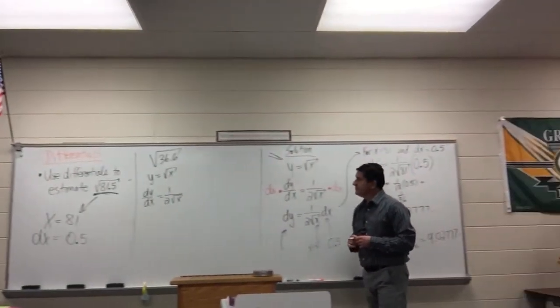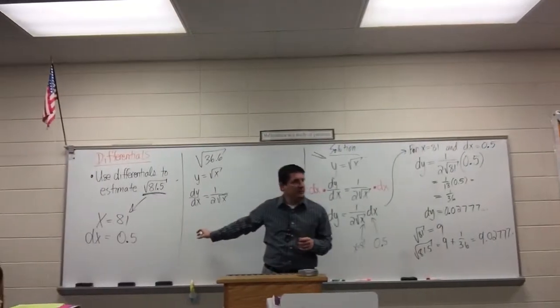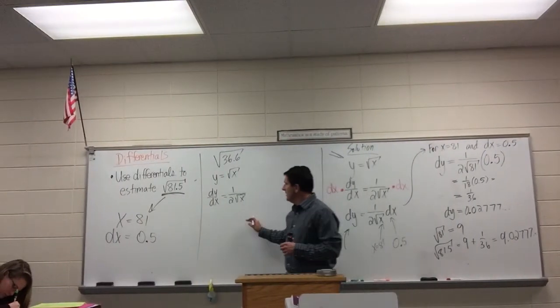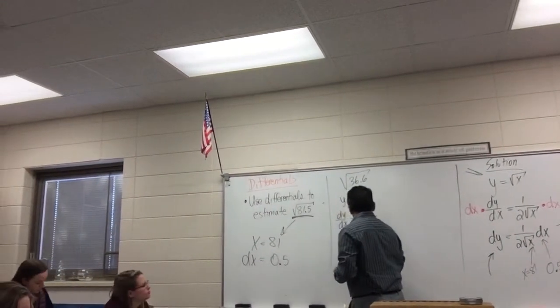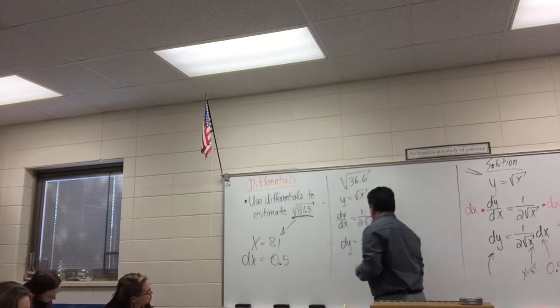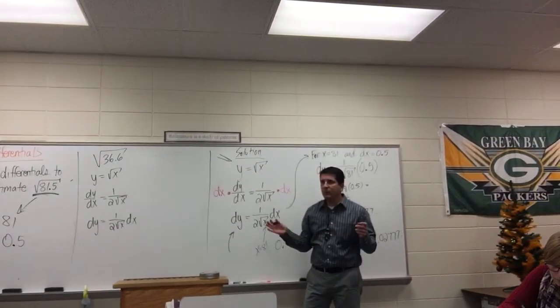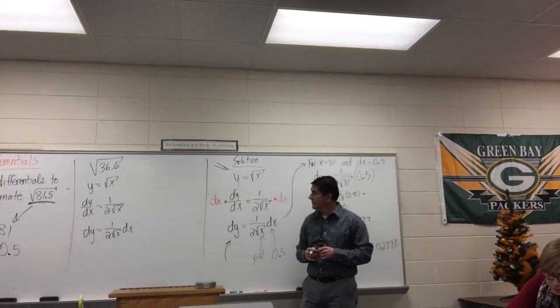And then now we can separate those differentials. By multiplying both sides by dx, I get that the change in y is equal to 1 over 2 square roots of x times dx. Just multiplying both sides by dx. Remember, they're separable. They're counted as two different things.